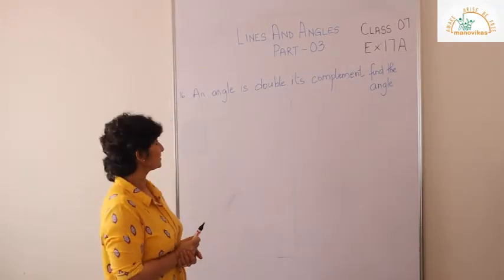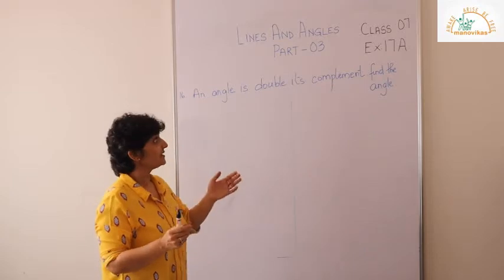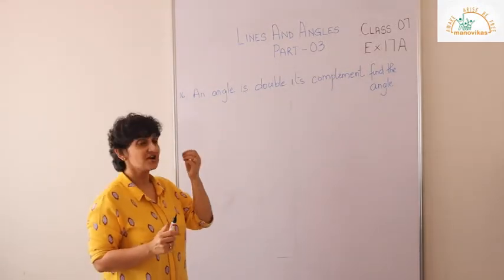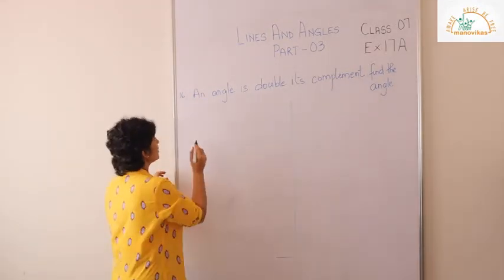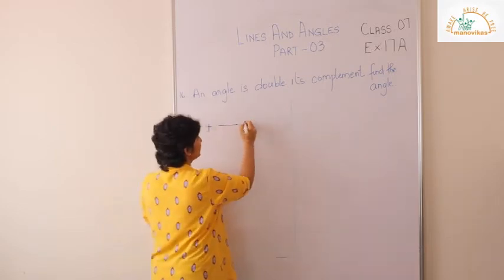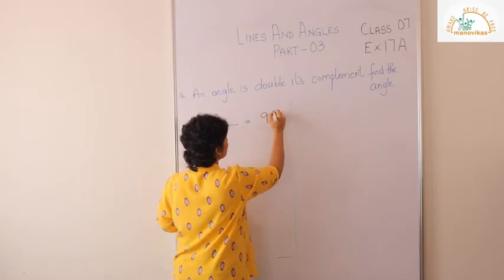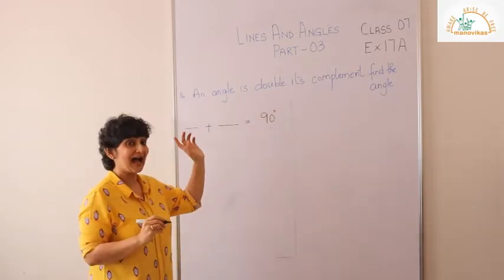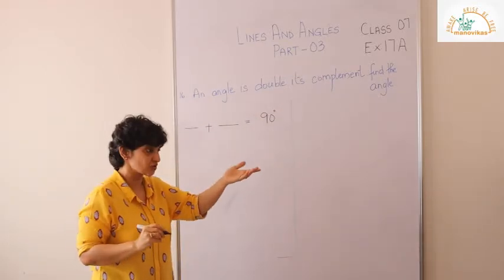Question 16, let's read it. An angle is double its complement. Find the angle. Now, you know these are complementary angles, which sum to 90 degrees. They say an angle is double its complement.